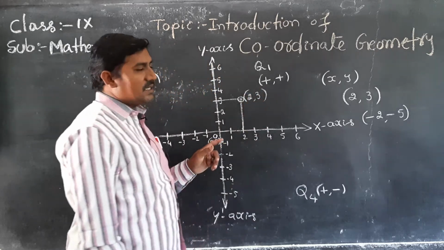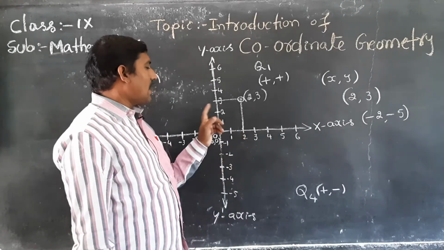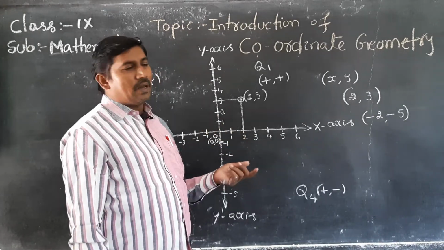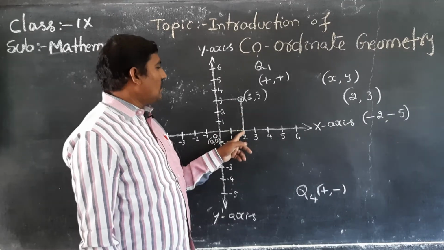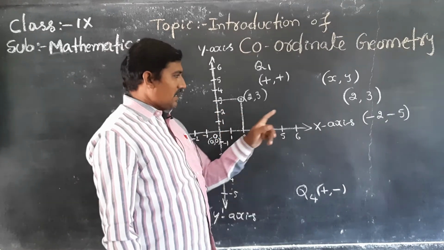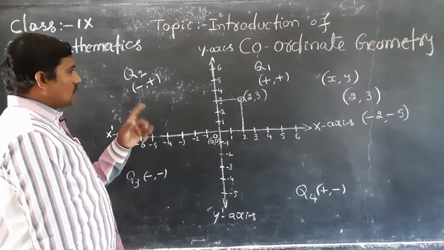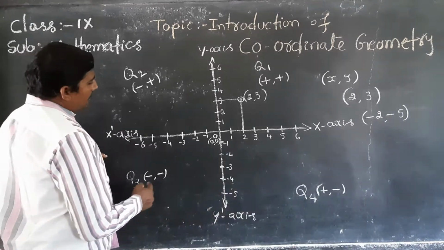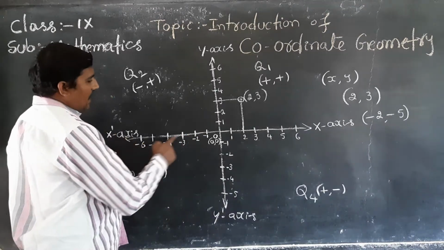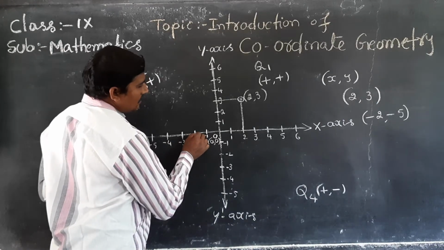Just for understanding we are saying this, so no need to draw these lines. Why? Because we are all drawing on graph paper, so it is very easy to locate this point for 2 comma 3. Next, see minus 2 comma minus 5. Minus 2 on the x-axis means here, minus 2 here.